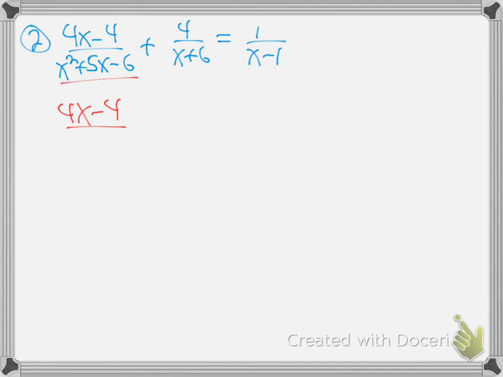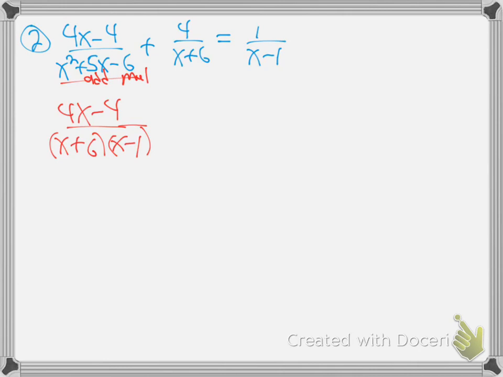So how do we factor this? Well, we want two numbers that multiply to be minus 6, add to be 5. You can do the diamond, I'm just going to skip to it. 6 and 1. You might think it's 6 and 1 plus 6 minus 1.